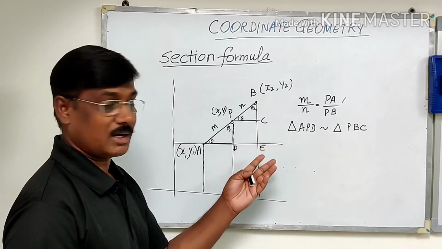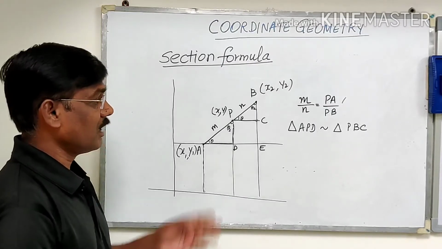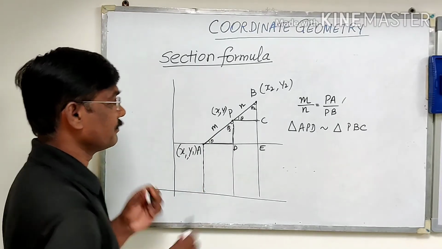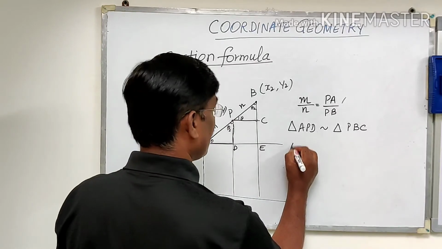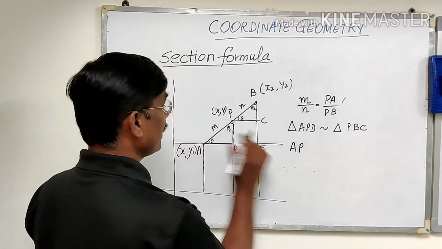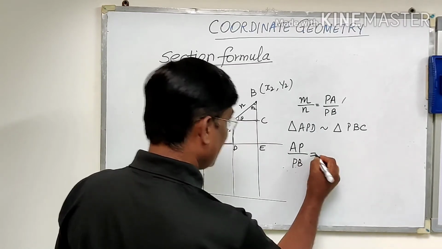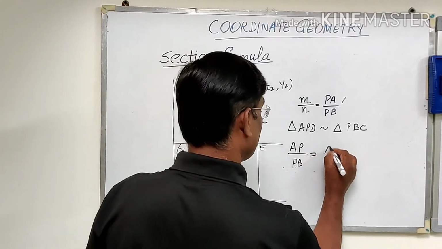Please go to your lower classes, maths book of your lower class, maybe 8 or 9, and just review the concept of similar triangles. It's nothing but the ratio AP divided by PD is equal to the ratio of AD.